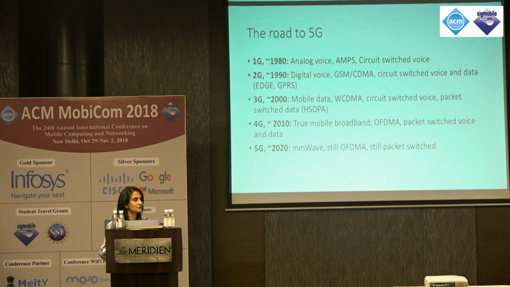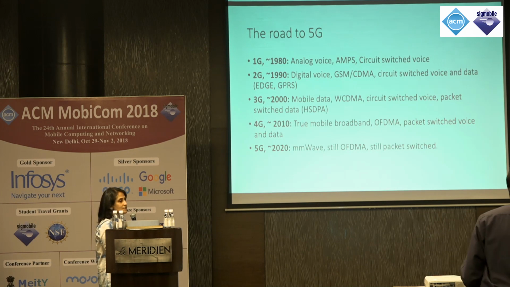It's always good to see how we got somewhere from wherever we started. So if you go back and look at what has been now almost 40 years of cellular, it doesn't seem that long, but a lot has happened. Your 1G system started off in 1980, and that was really only analog voice.